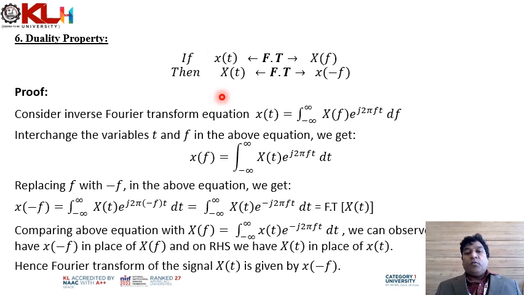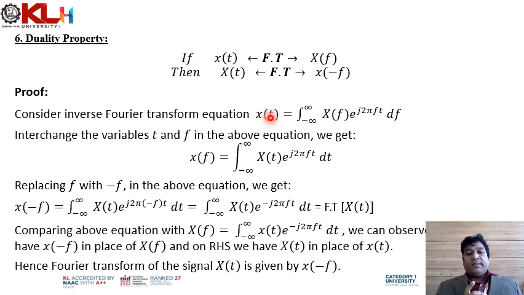Now we are going to prove this property by taking the inverse Fourier transform. The inverse Fourier transform is simply x of t equals the integral of capital X of f e power plus j 2 pi f t df. Now we are going to simply interchange the variables t and f in the above equation. So wherever t is there, we have to write f, and vice versa.